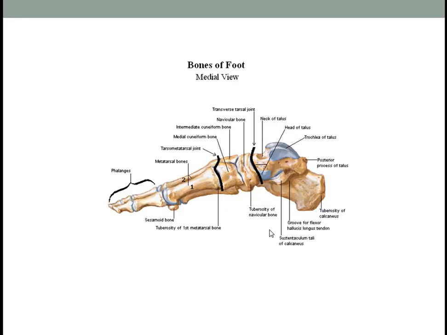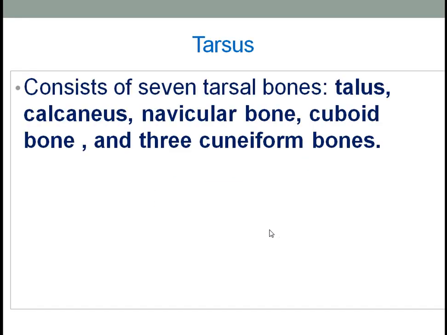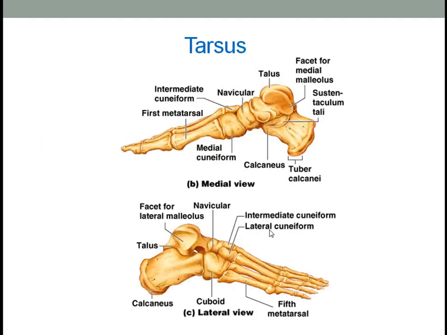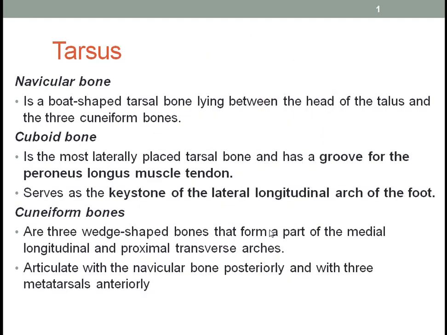Again, these are the bones, and as you see, the ligaments exist between each bone. So this is the tarsus bone, and the different parts of this bone: navicular, cuboid, then the cuneiform bones.